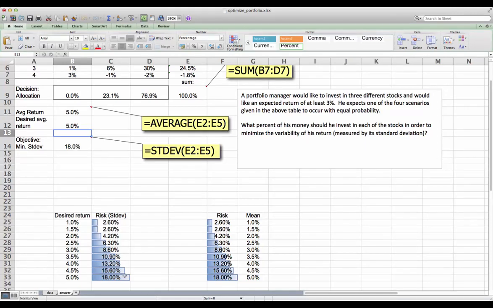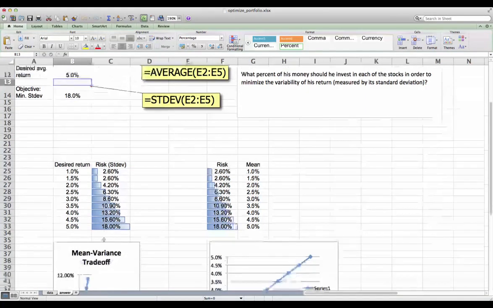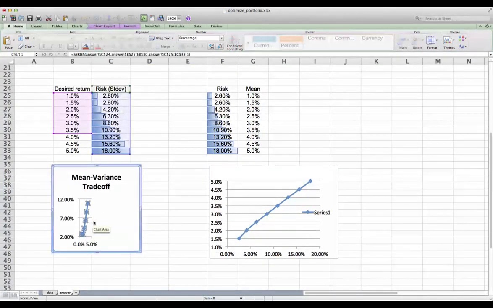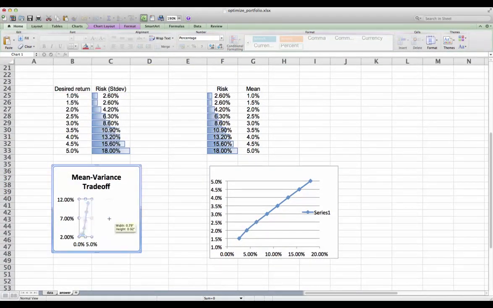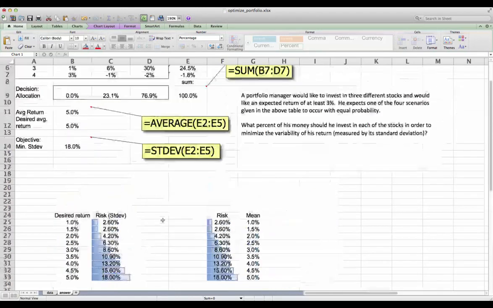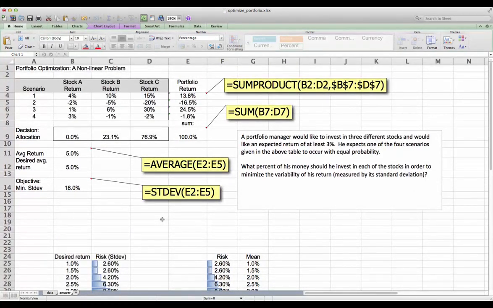So this is the resulting table. You can see that it is actually a nonlinear curve, and this is well known in finance theory. This is called the efficient frontier. All right, so that's how we use a nonlinear solver to balance our portfolio.